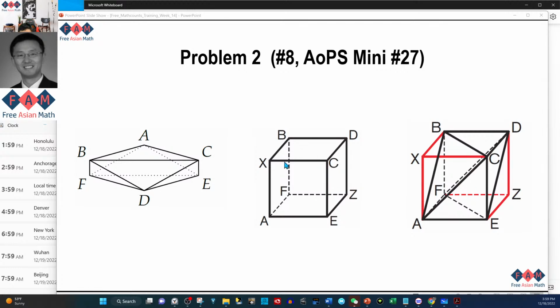And assuming the side length of this cube is 4, obviously the surface square diagonal would be 4 square root of 2. And that is exactly what happened in this figure.